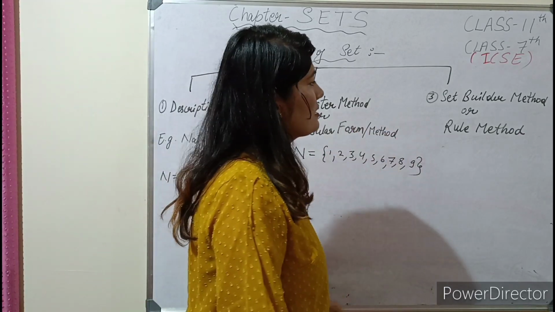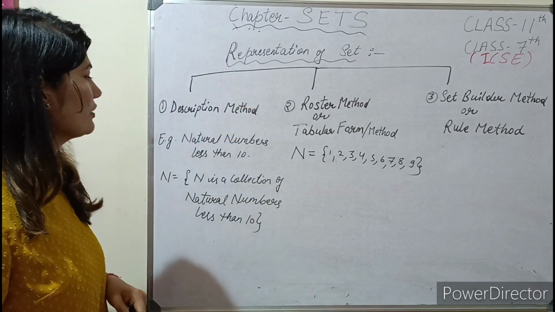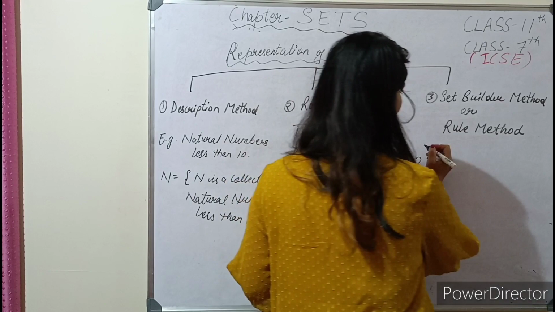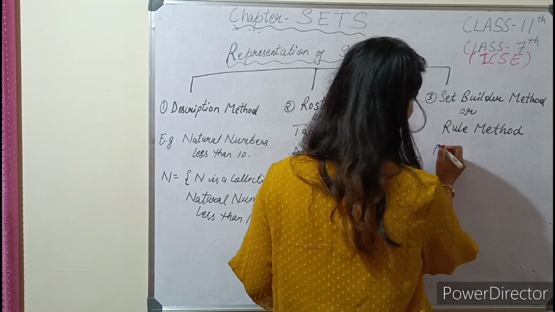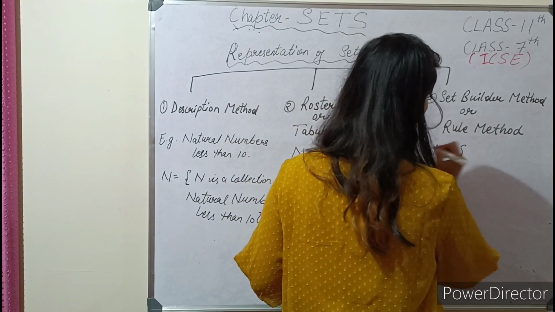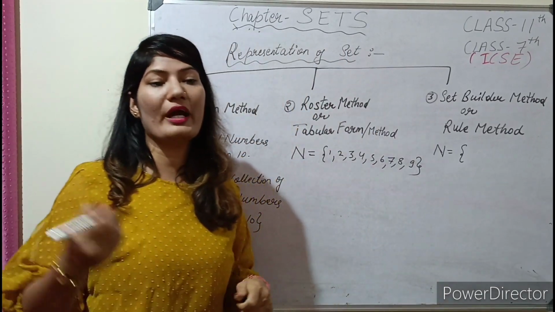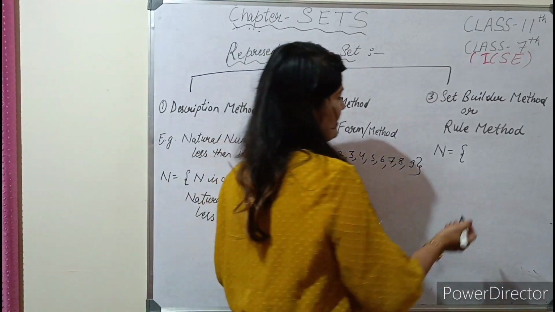Now the third is the set builder method. If you have to write the same example in the set builder method, you will write in this way. Capital N is equal to bracket. In the set builder method you have to assume any variable. You can take x, y, z.